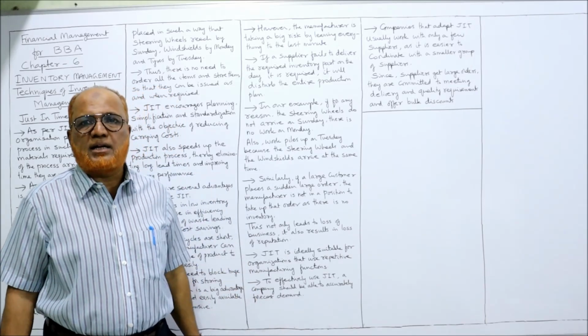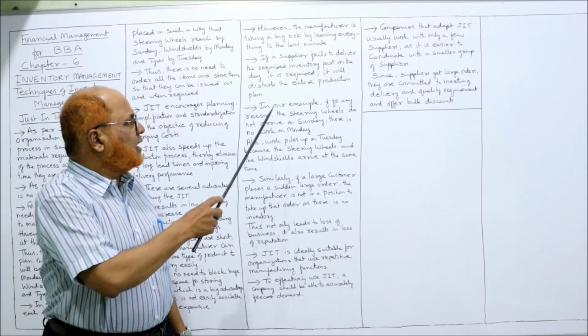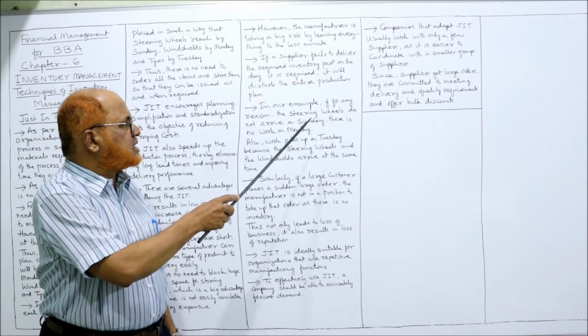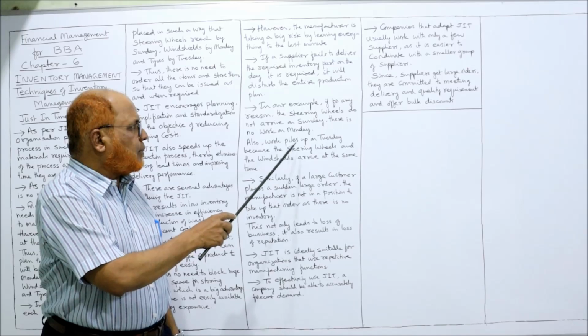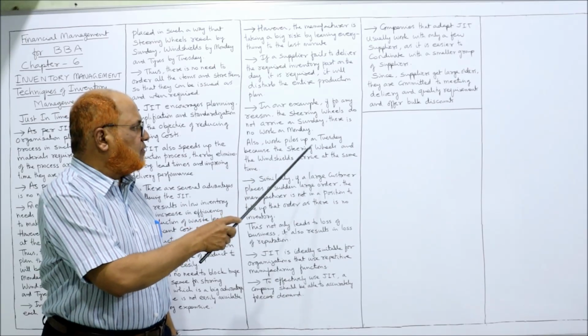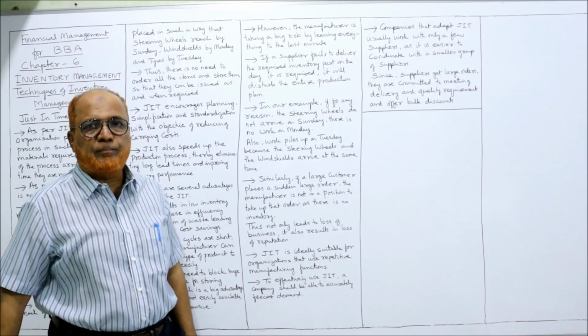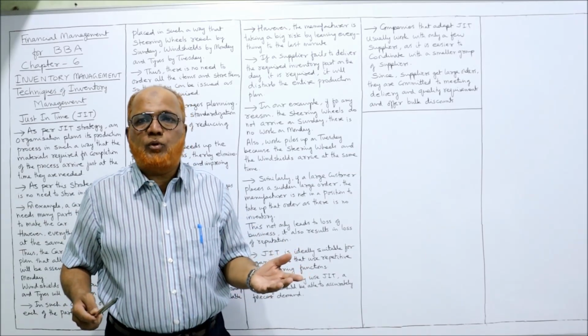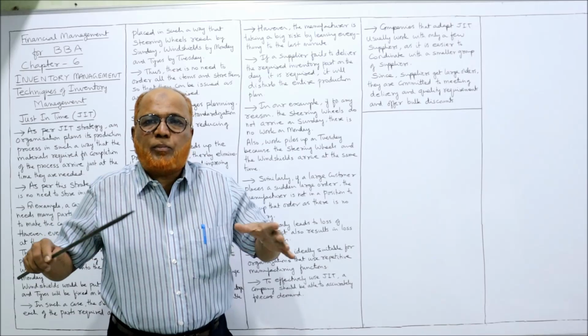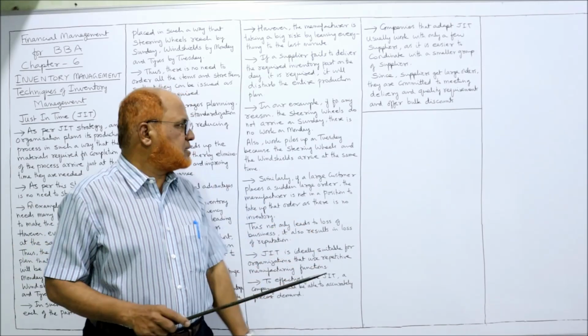That is the risk attached with JIT. In our example, if for any reason the steering wheel does not arrive on Sunday, there is no work on Monday. Also, work piles up on Tuesday because the steering wheels and the windshields arrive at the same time. The windshield has already been received, but the steering wheel has not been put. The complete production process will get disturbed.